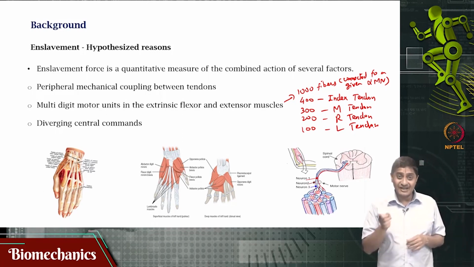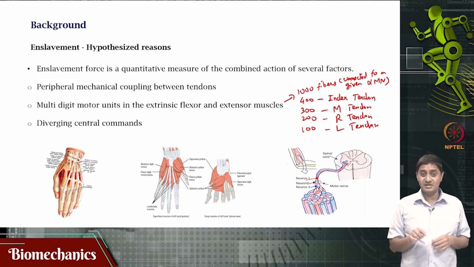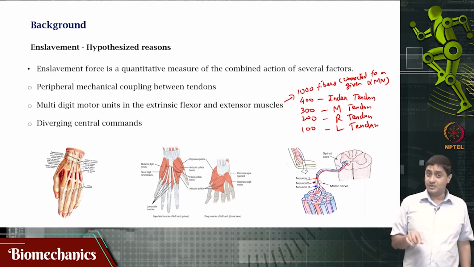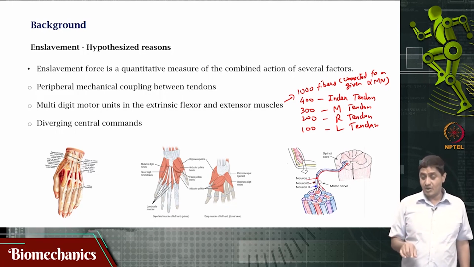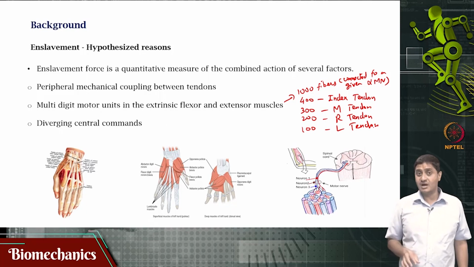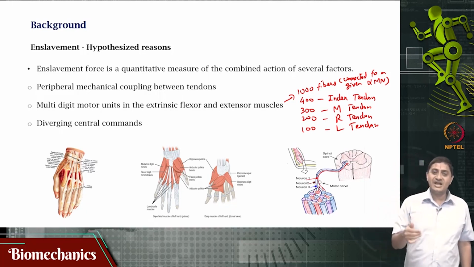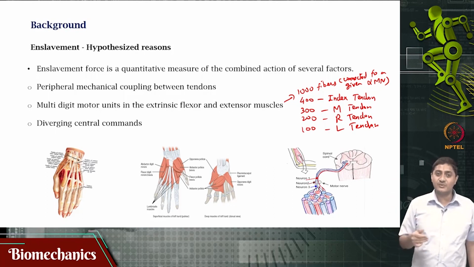That is, whenever the alpha motor neuron is firing, the muscle fibers will produce an action potential and contract. This is a known fact. So, that means whenever this alpha motor neuron is firing, all these 1000 fibers will get activated, but they will have differential consequences on the 4 fingers.